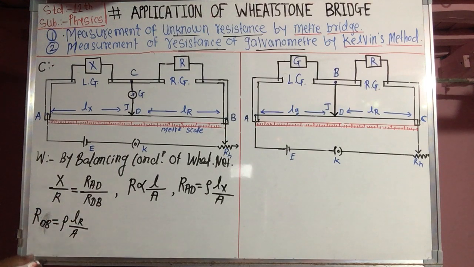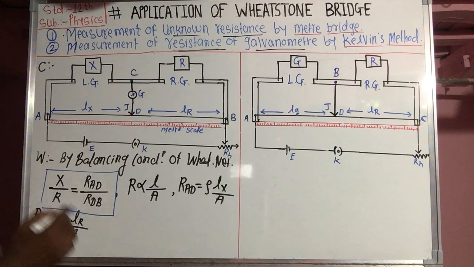Substitute these values in the equation. X upon R equal to RAD upon RDB.